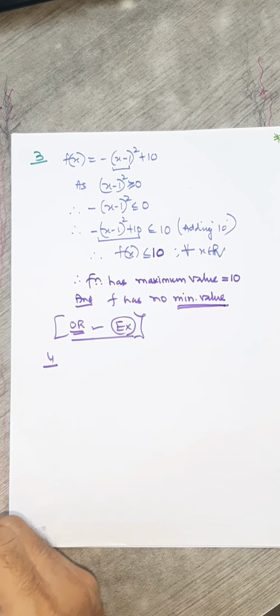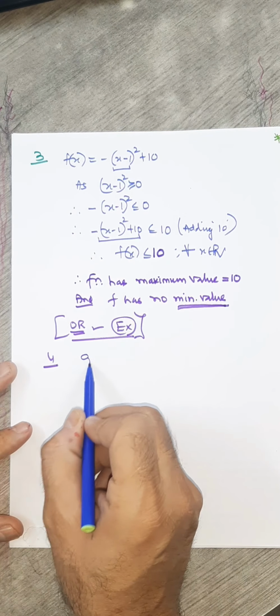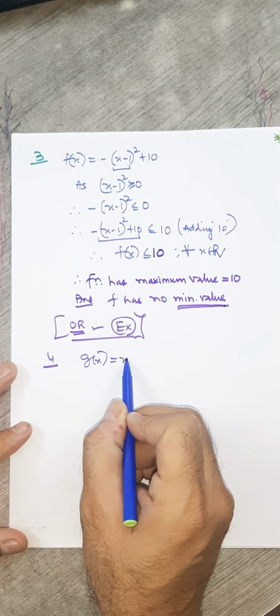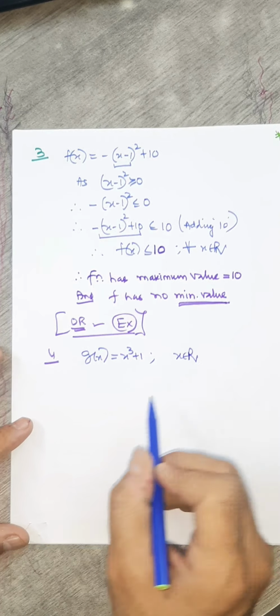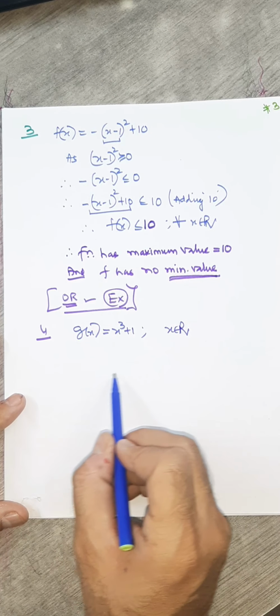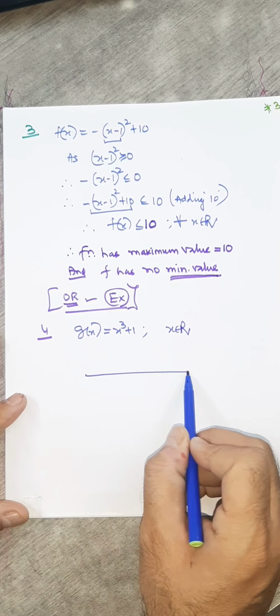Fourth one. Okay. In the fourth one you are given one function g(x) equals to x cube plus 1. And domain is, it is understood, all real numbers. So being x cube plus 1, the graph will be like this. This is just rough behavior of the graph.